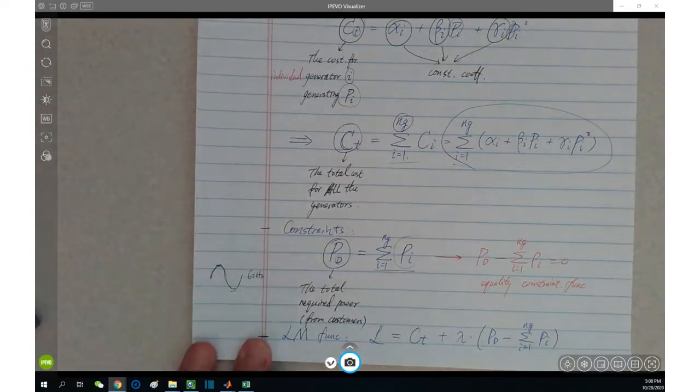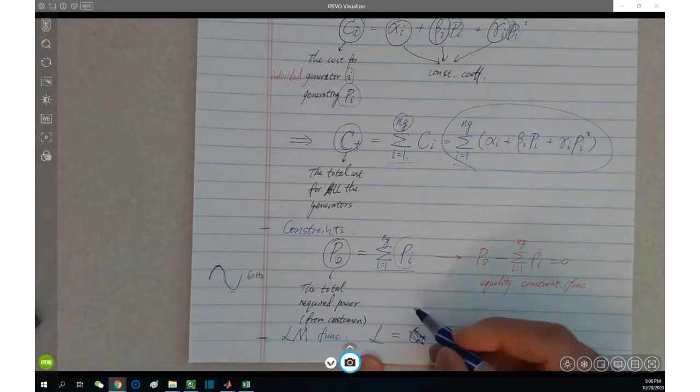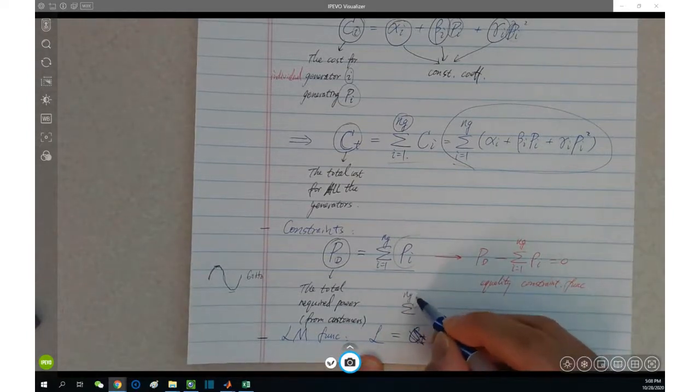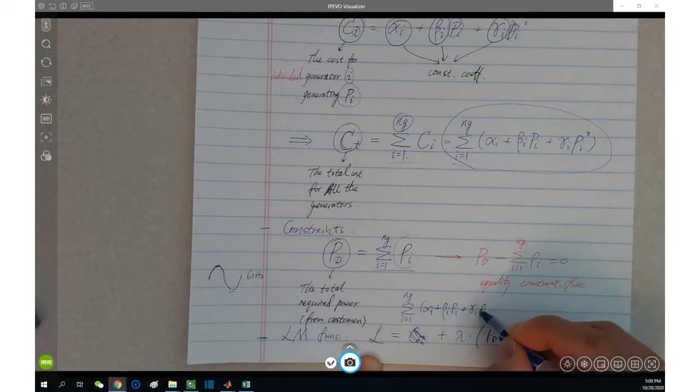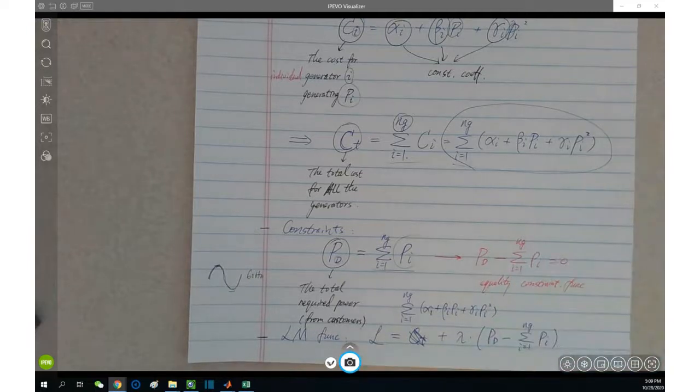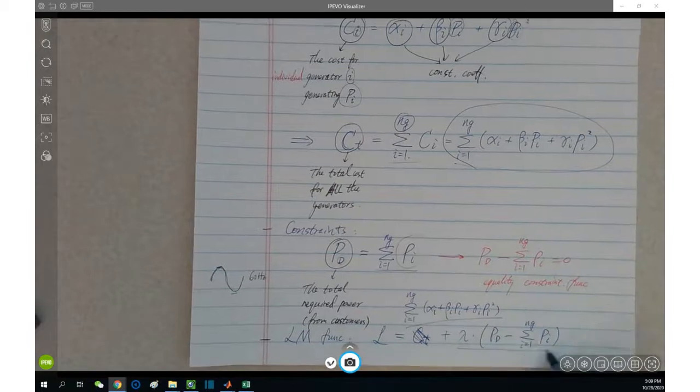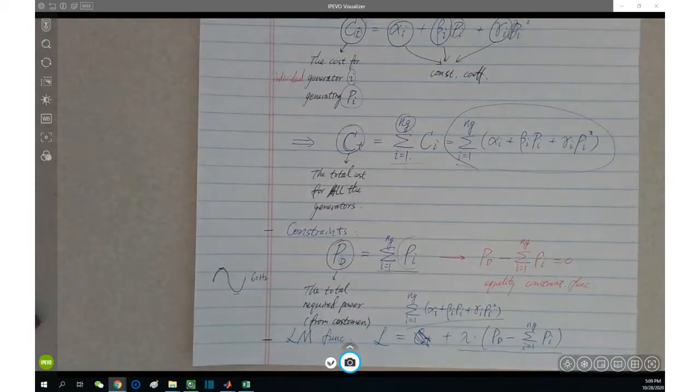And if you want, you can substitute this C sub t by maybe this one. Feels maybe better. Okay, the same thing. This guy plus lambda times constraint. This is our big L, total L. And we're going to find a partial derivative for it, right?